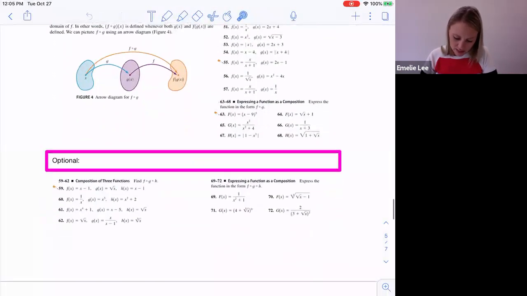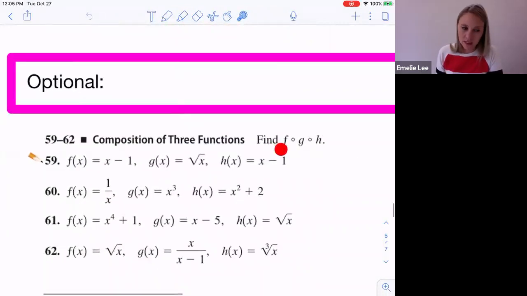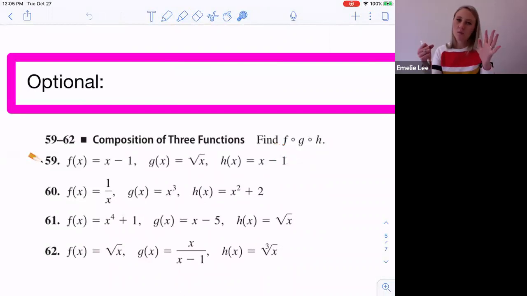If you go to your notes, you'll see that there's some other stuff labeled optional. If we kind of zoom in, now we're looking at 3 functions, so not just the composition of 2 functions, but 3 functions, which means we're just stuffing functions inside each other, right? H goes into G, G of H goes into F, right? That kind of thing.